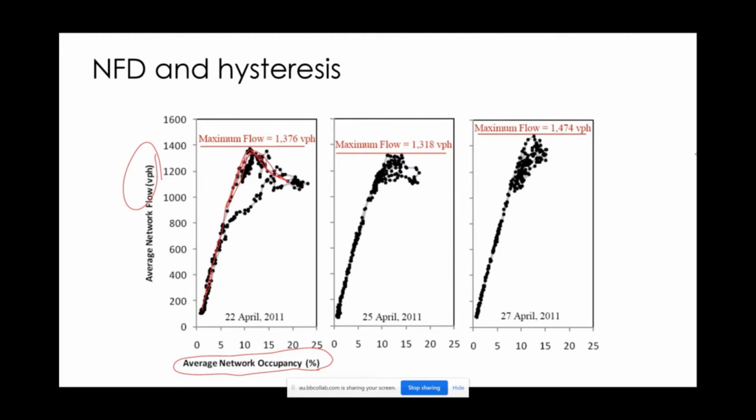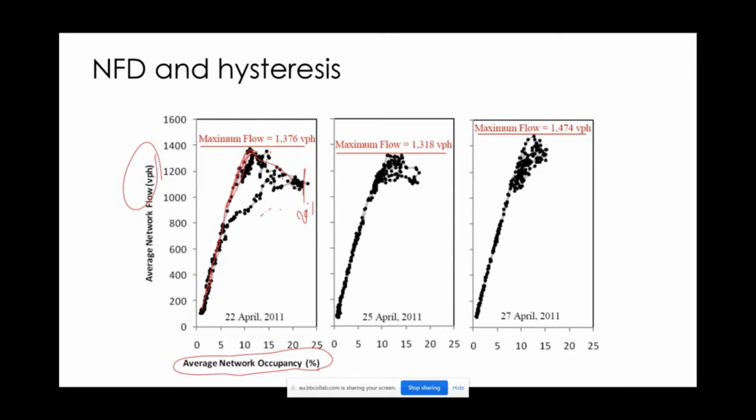But then we start seeing a hysteresis. So this is called the hysteresis. You see this branch: so far density is going high, density is going high, up to this maximum occupancy of like 20%, right?